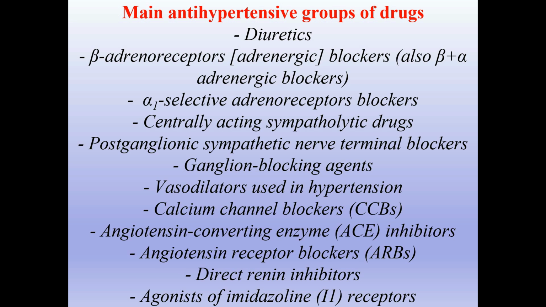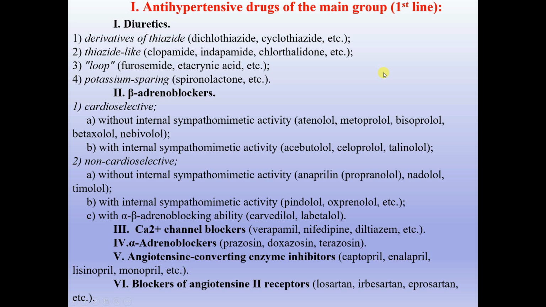The same groups can be classified according to the first line and the second line. Antihypertensive drugs of the main group, first line. Those groups of drugs which we discussed before, today we will quickly revise. New ones we will discuss in more detail. First, diuretics, we talked about them in detail in lecture 10. Second, beta-adrenal blockers, we talked about them in lecture 5, but we will anyway stop on them a little today.